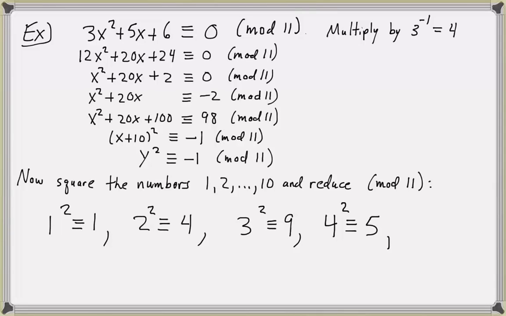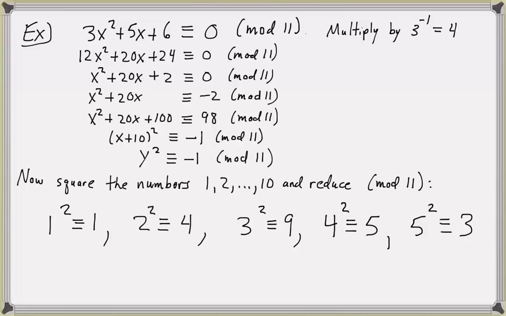And 5 squared is congruent to 3. Now, I only have to go up halfway because if I square 6, that's the same as squaring negative 5 mod 11. And we see that whether I plug in a plus or minus and square it, I'm still going to get the same 5 answers that I just obtained.